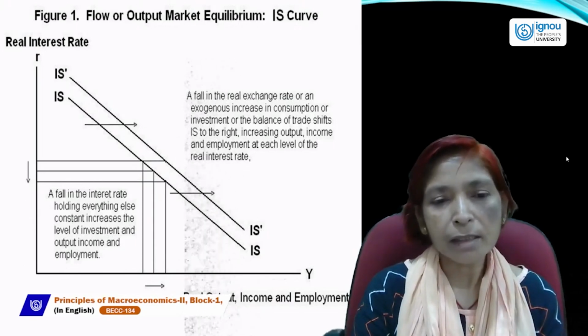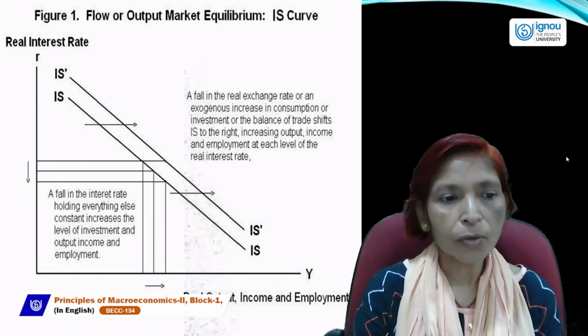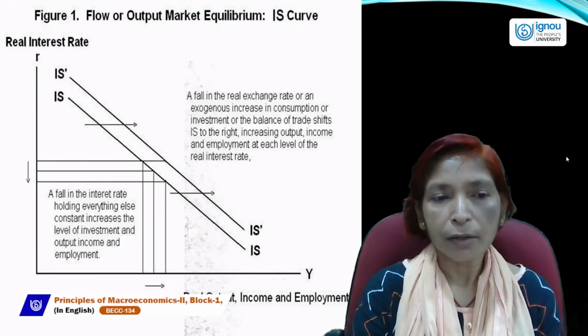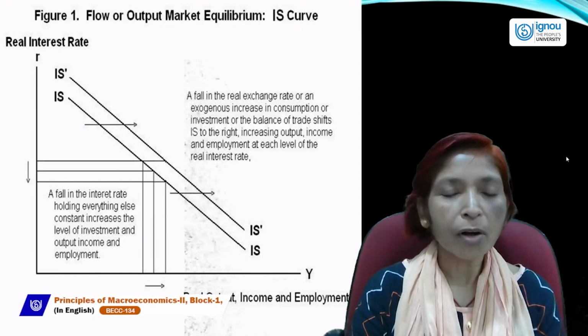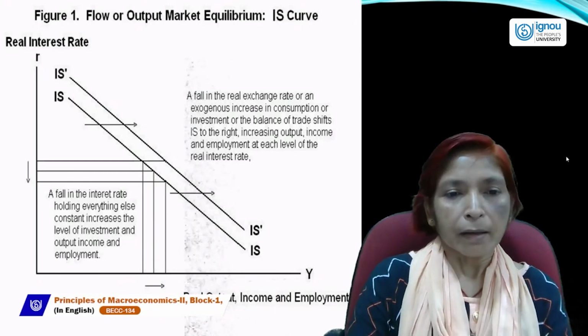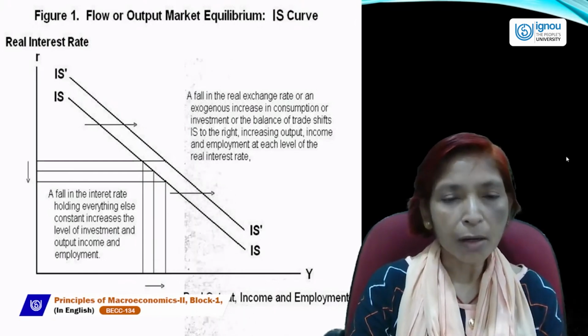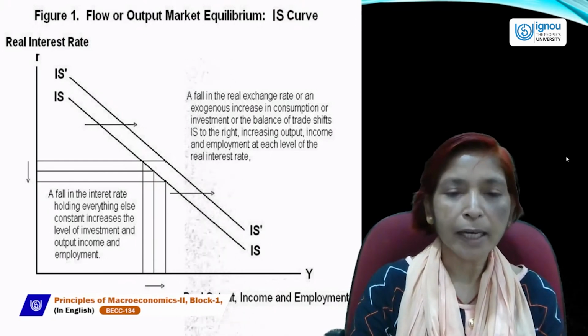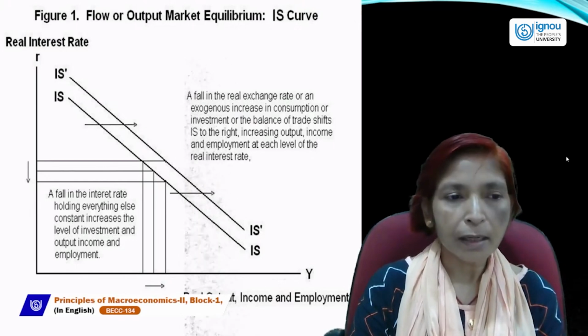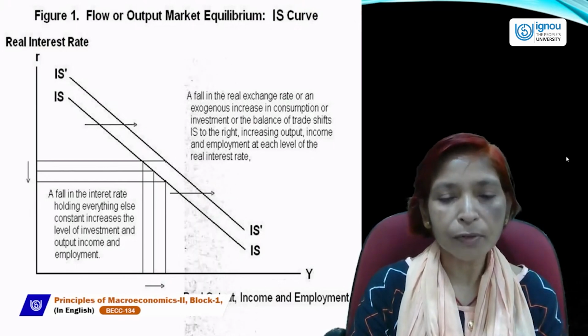That's why the IS curve can shift to the right hand side due to a fall in interest rate and due to a fall in the taxation rate by the government, and if government expenditure increases, in this case the IS curve will shift to the right hand side.